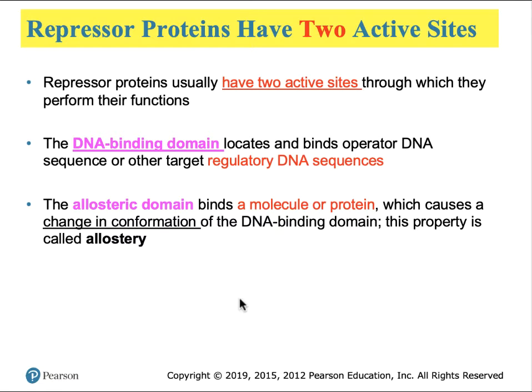The other active site is known as the allosteric domain because it binds to another protein or a molecule that has an effect of causing a conformational change in the repressor such that the DNA binding domain becomes weakened or inactive, and that causes the repressor protein to disengage from its target regulatory DNA sequence. And that property of a protein is called allostery.